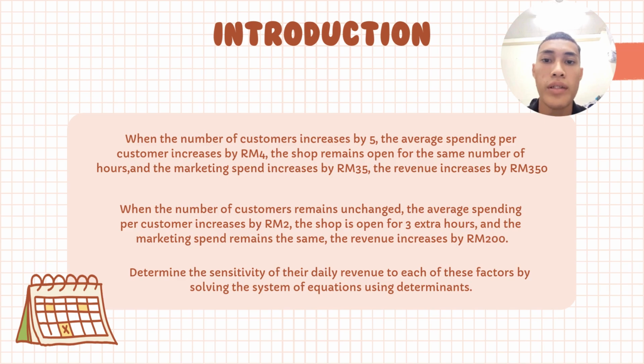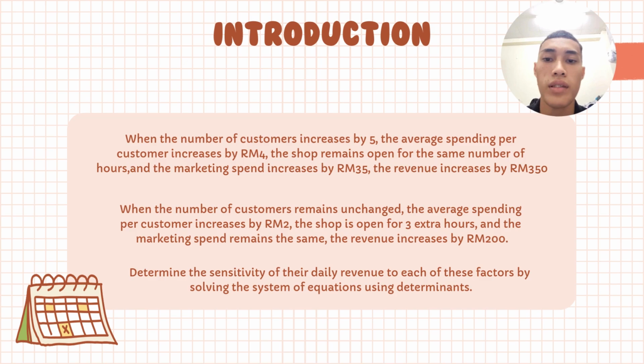And then, when the number of customers increased by 5, the average spending per customer increased by 4 ringgit, the shop remained open for the same number of hours and the marketing spend increased by 35 ringgit, the revenue increased by 350 ringgit.